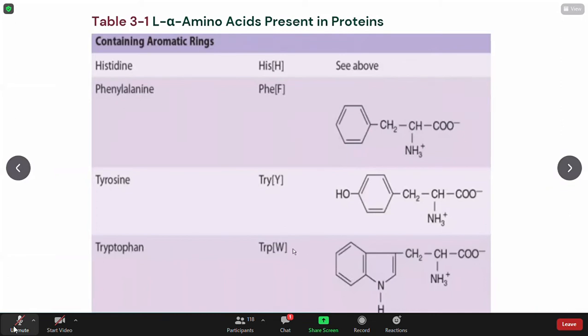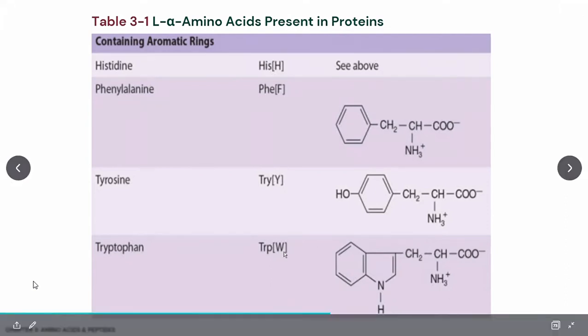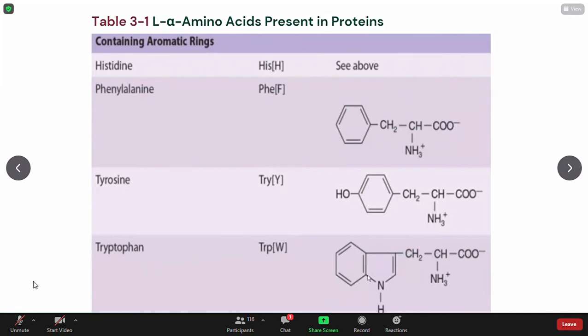Now, why do you think that the single letter abbreviation of tryptophan is W? This looks like a W, right?